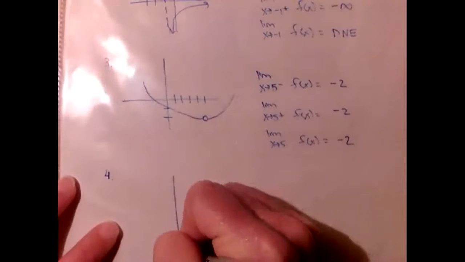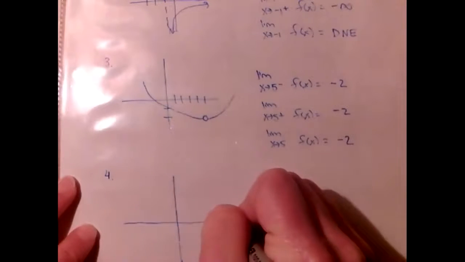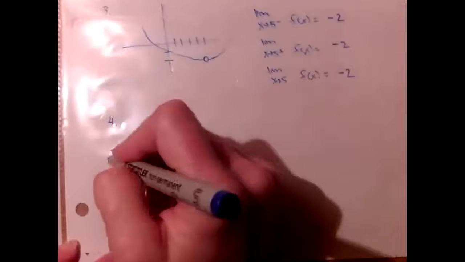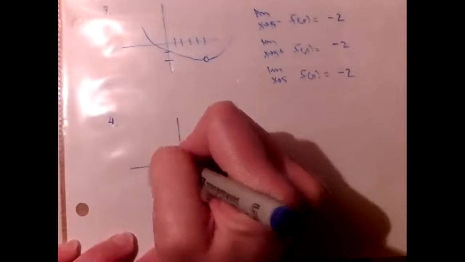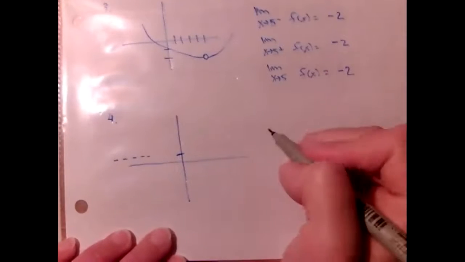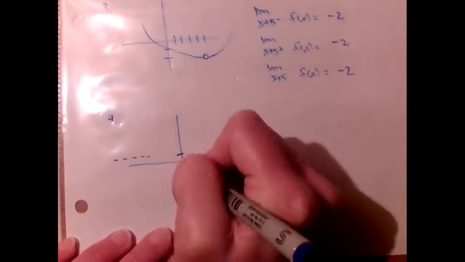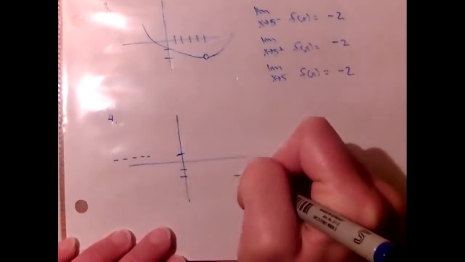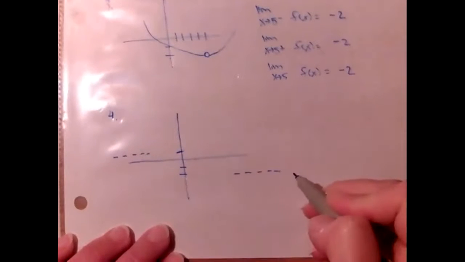And then number 4 had basically a scavenger hunt list of things you had to put in your graph. The first one was limit as x goes to -infinity was 1. So that means we have to level off at 1 on the left side. And the limit as we go to positive infinity was -2. So we have to level off at -2 on the right side.